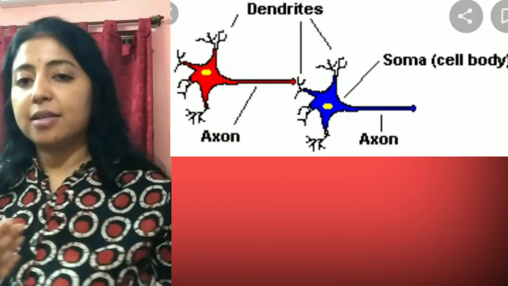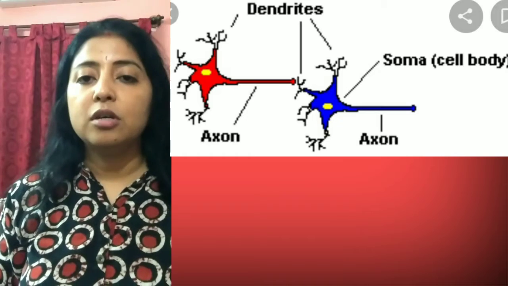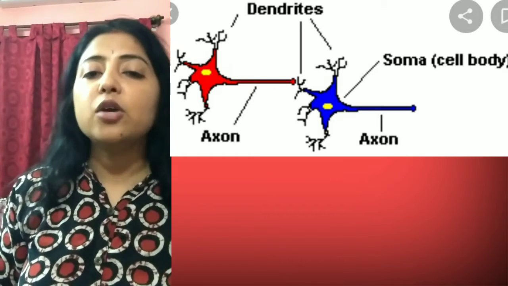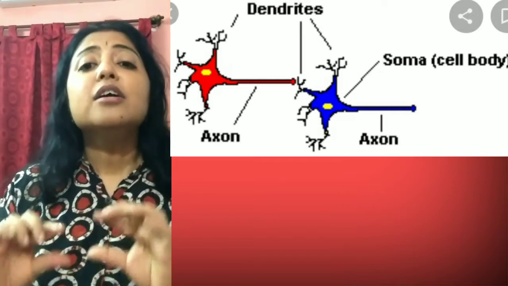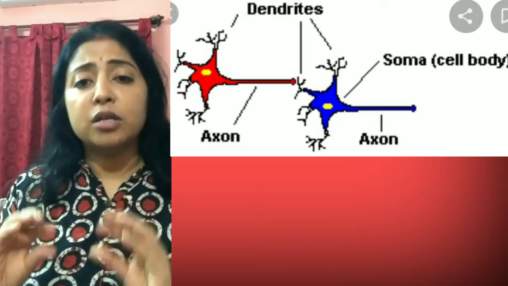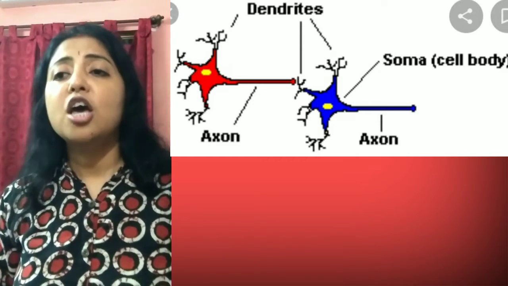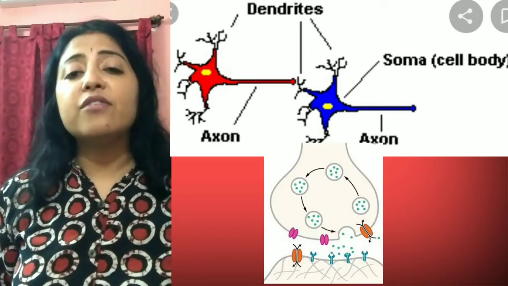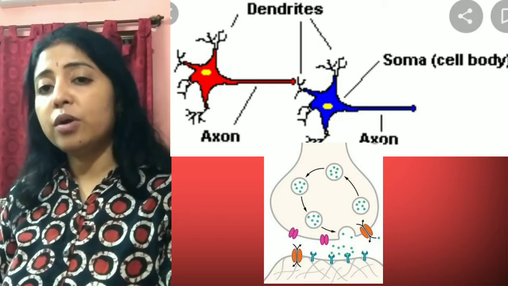One is the presynaptic neuron, and the next neuron is known as the postsynaptic neuron. So, while the impulse is passing from one neuron to another, the neurotransmitter or chemical substance which is secreted from this terminal nerve helps to pass the nerve impulse from the presynaptic neuron to another neuron.